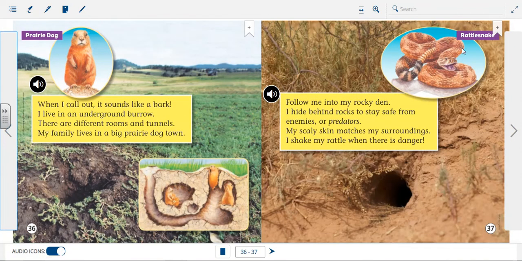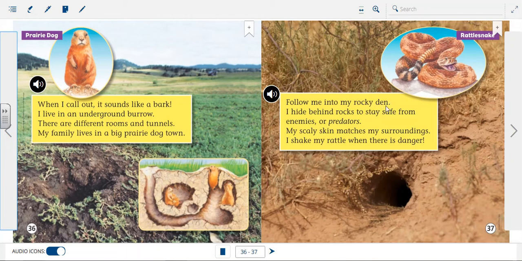Let's look at our rattlesnake. Ooh. It says, "Follow me into my rocky den. I hide behind rocks to stay safe from enemies or predators. My scaly skin matches my surroundings. I shake my rattle when there is danger."